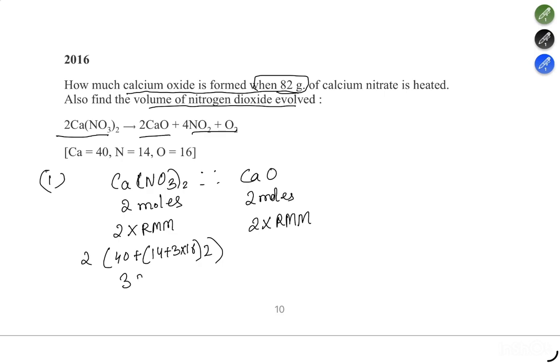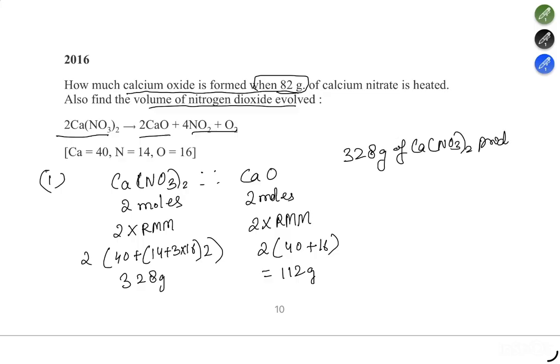Solve it, you will get 328 gram. Same way we can calculate for calcium oxide, which is 2 times (40 plus 16), you will get 112 grams. So in the stoichiometric ratio, the equation says that 328 gram of calcium nitrate produces 112 gram of calcium oxide.